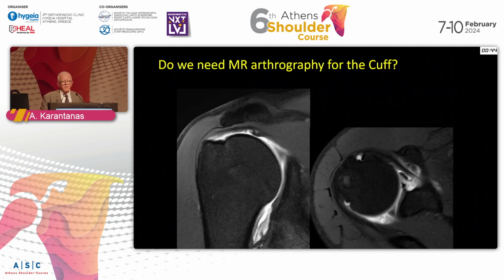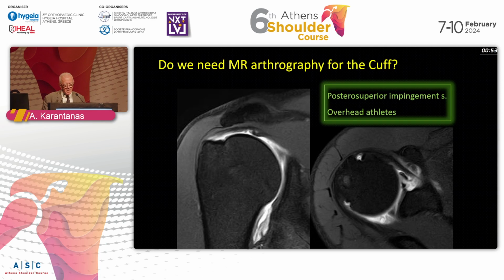And a question regarding MR arthrography, which is very efficient in instability. Is there any role regarding rotator cuff disease? The answer is yes. In elite athletes, overhead athletes, where we do have the posterior superior impingement syndrome. In this syndrome, we have migration of the humeral head posteriorly, and we have impingement upon the posterior superior labrum.